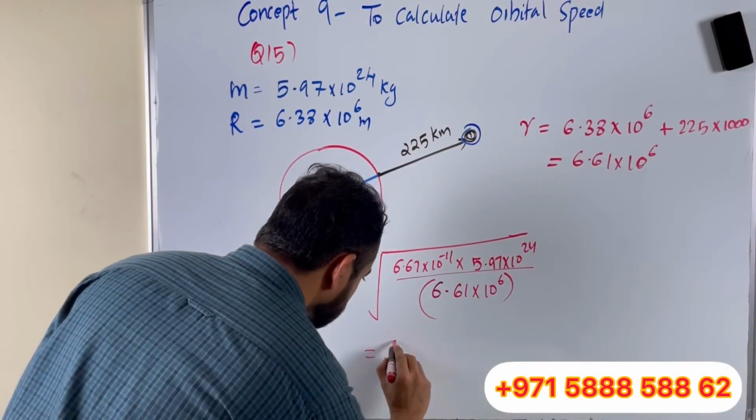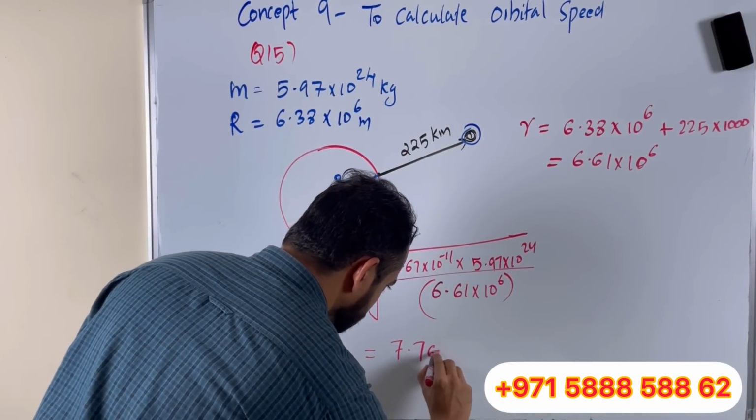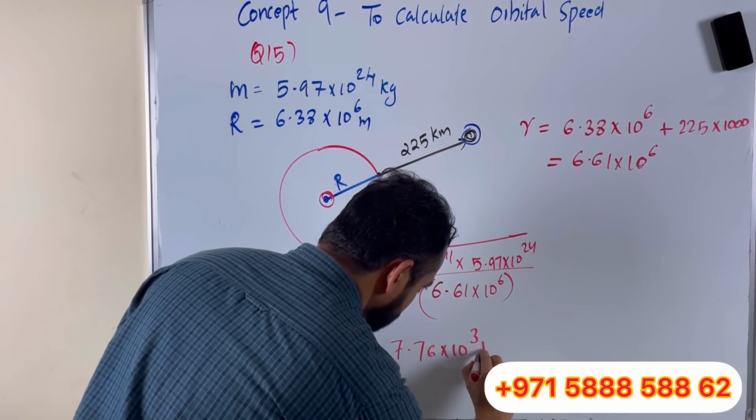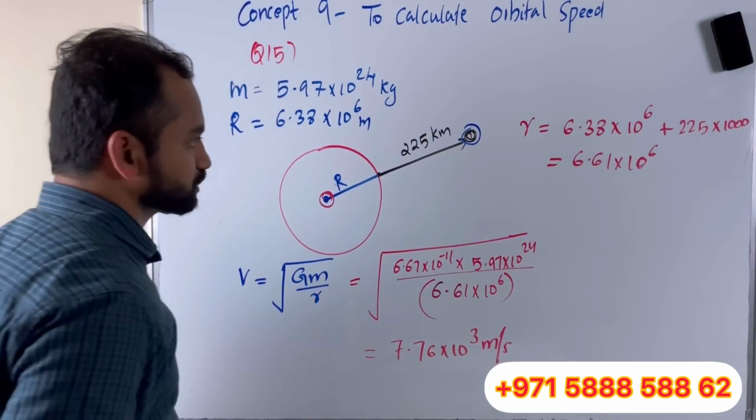So the speed is 7.76 times 10 to the power 3 meter per second. That is the orbital speed.